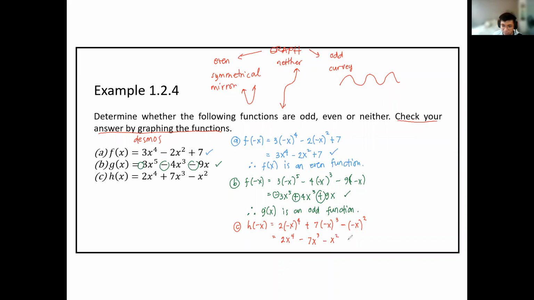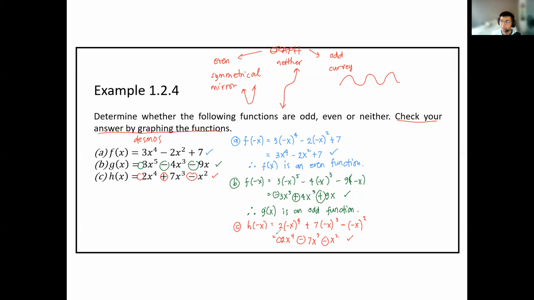So again, if you try to compare the answer with the original one, this one is positive, di ba? The next term is now negative. Positive, then it became a negative operation. The third operation is minus, and then minus again. So we notice that there's a change in one of the operations, but not all the operations are changed.